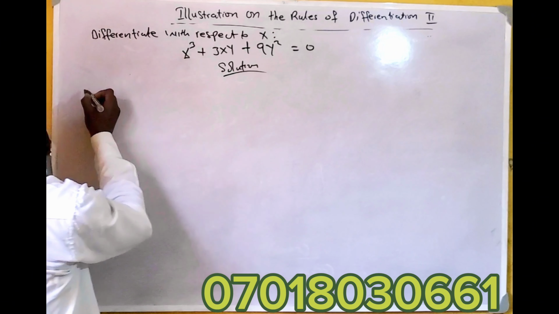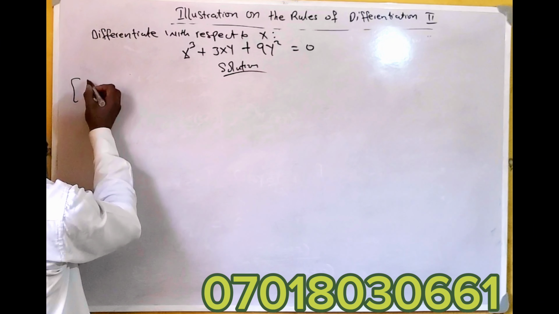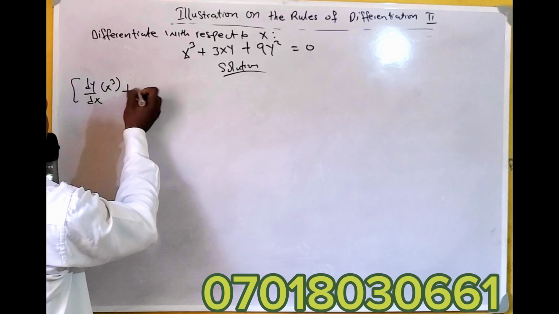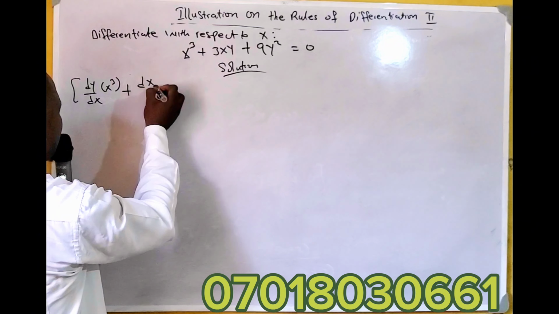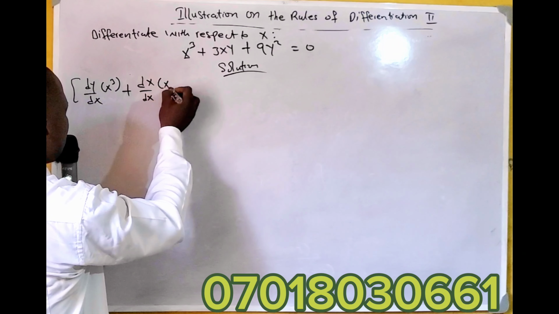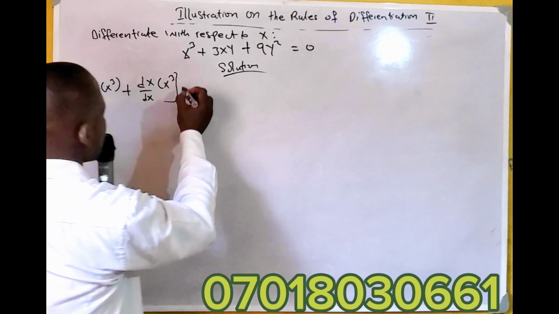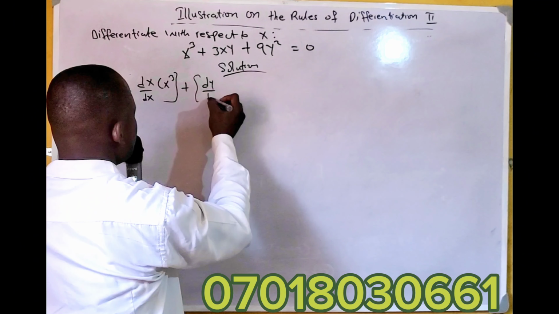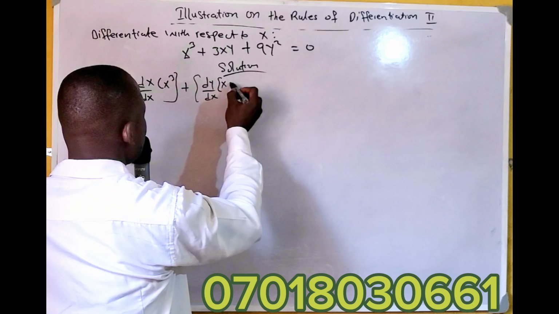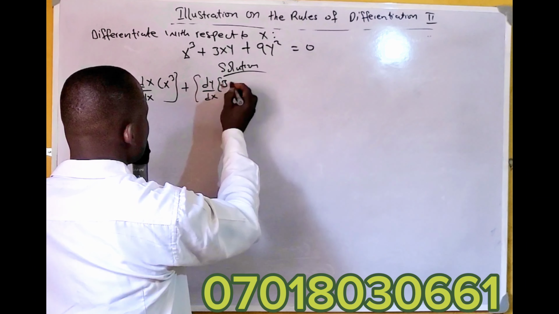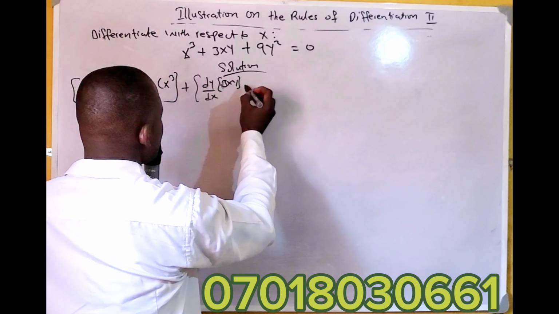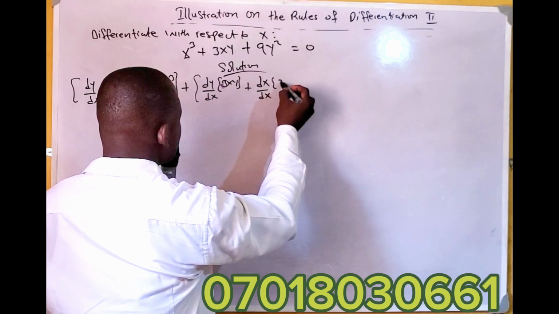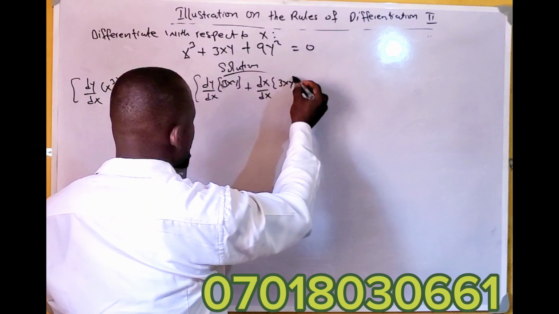The first time, we are going to find the dy/dx of s raised to power 3, and we are going to add this to the dx/ds of s raised to power 3. And we are going to add it to the dy/ds of 3sy, plus dx/ds of 3sy.